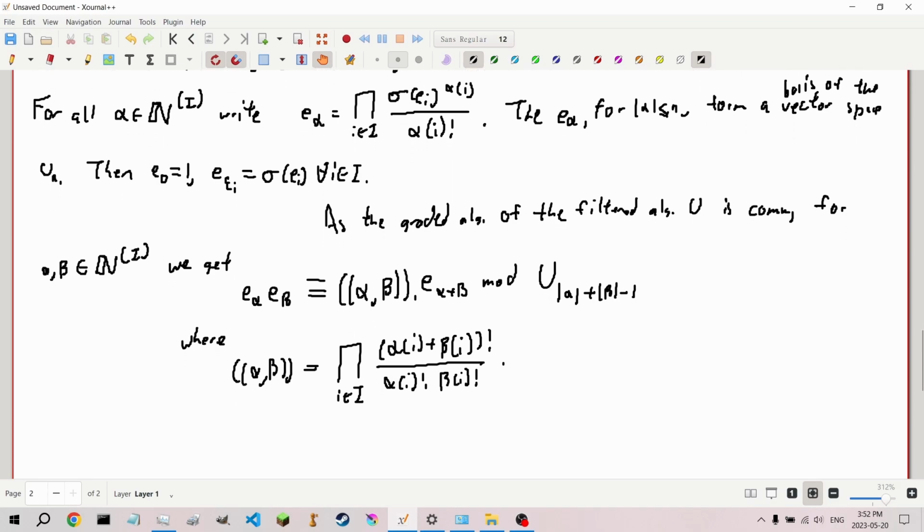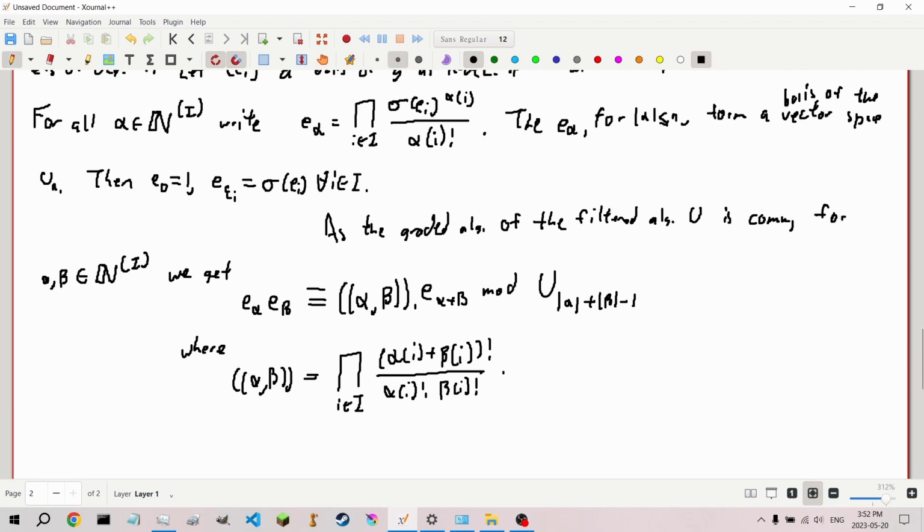Just to make the combinatorics line up. We then get immediately that the counit of E 0 is 1, and the counit of E alpha is 0 for alpha having size at least 1.